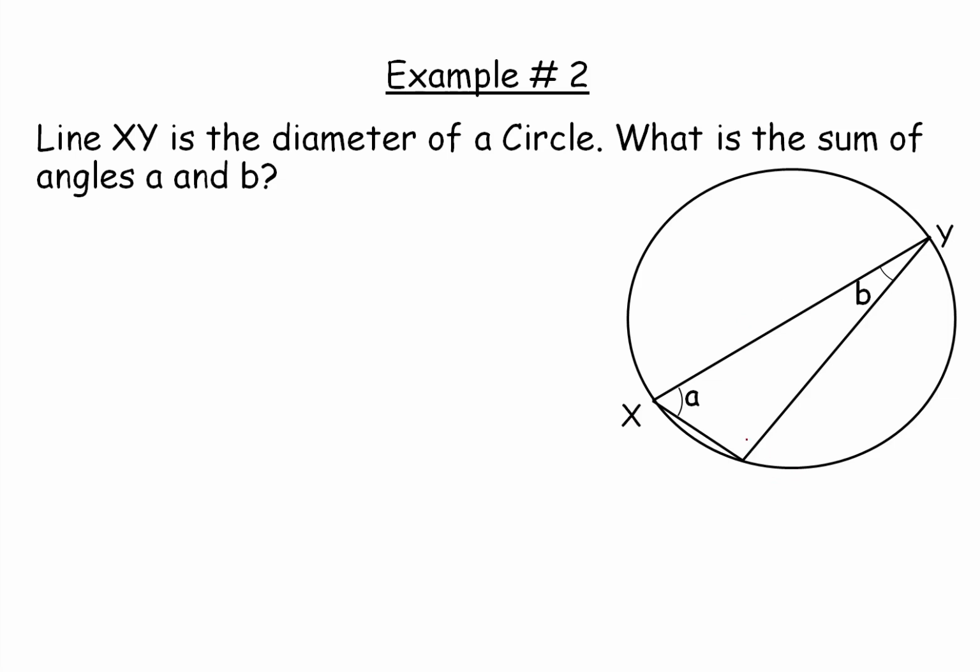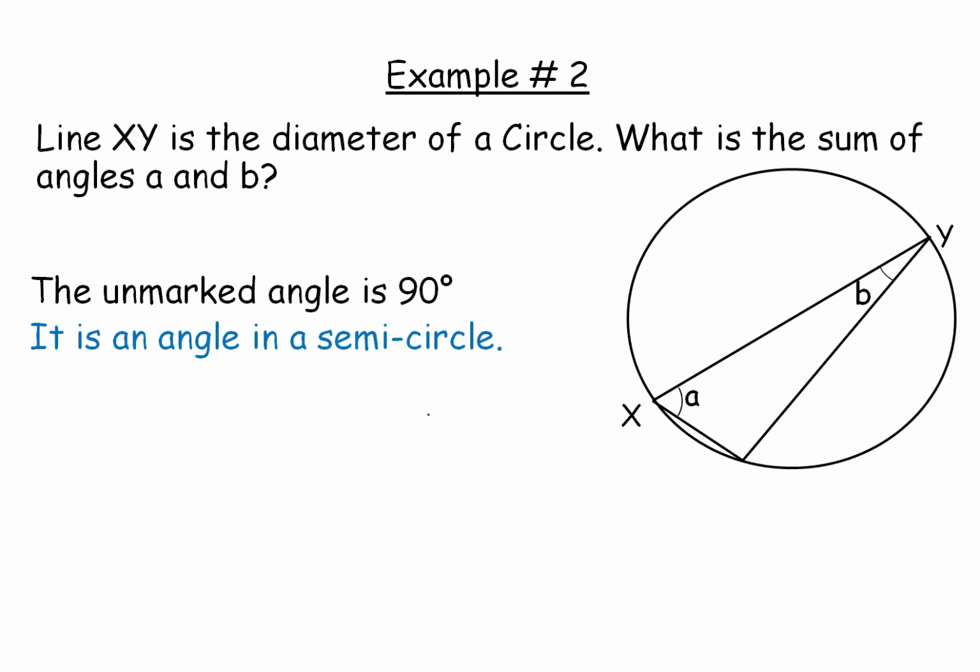So we see an angle here that is within a semicircle. We know the unknown angle is 90 degrees, because it is an angle within a semicircle.